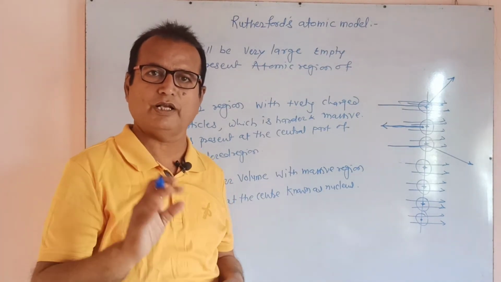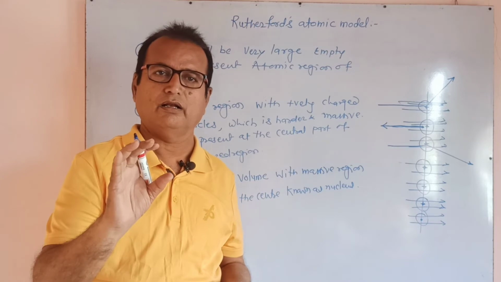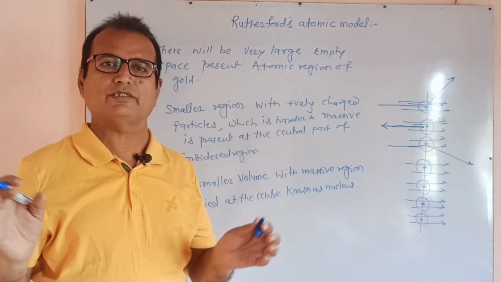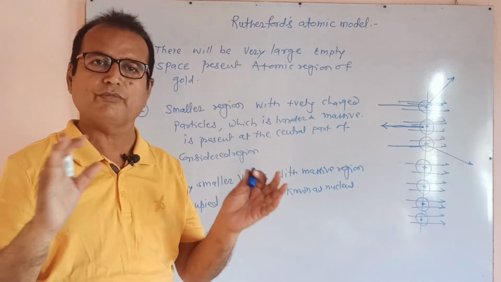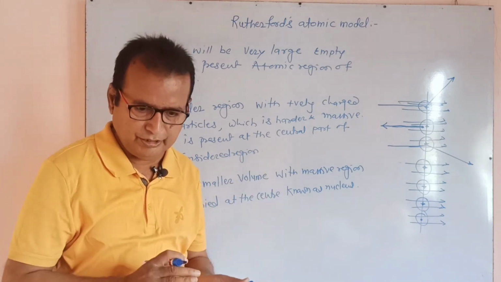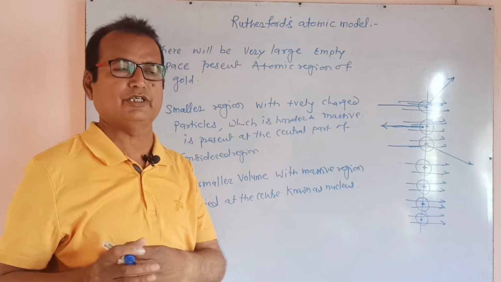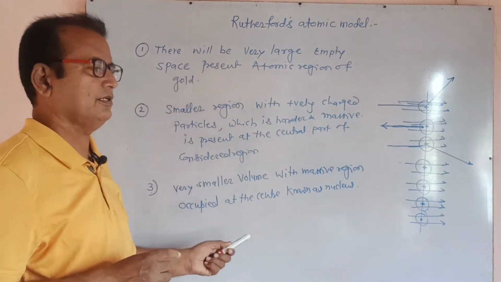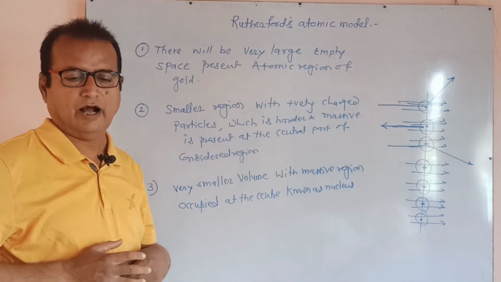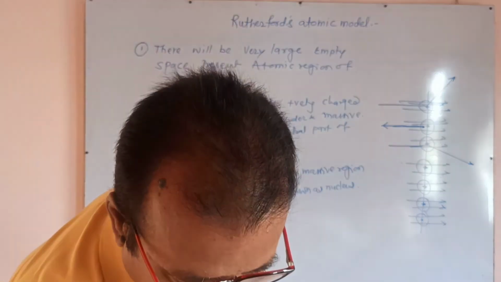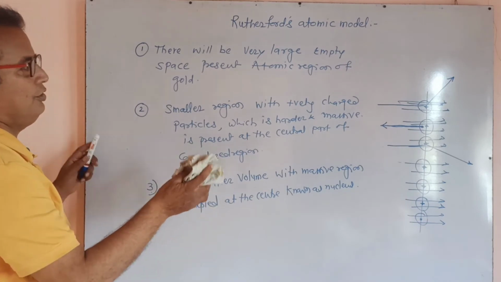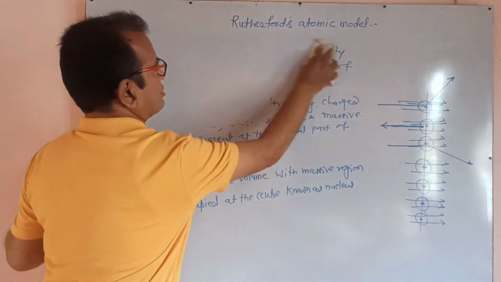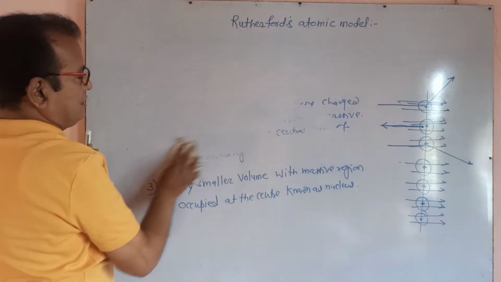That is a 10⁻¹⁵ meter region, which is the nuclear region, and roughly a 10⁻¹⁰ meter region is the atomic region. That is the conclusion. After that conclusion, we are going towards Rutherford's nuclear model. After the conclusion, he suggests so many points related to the model.